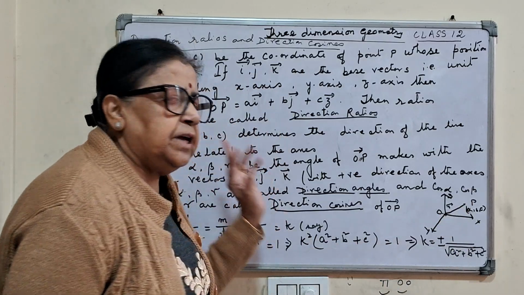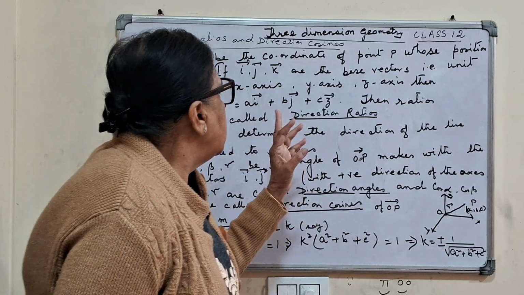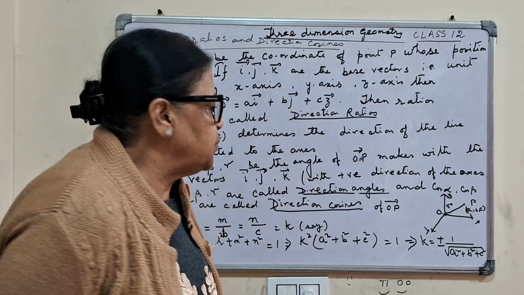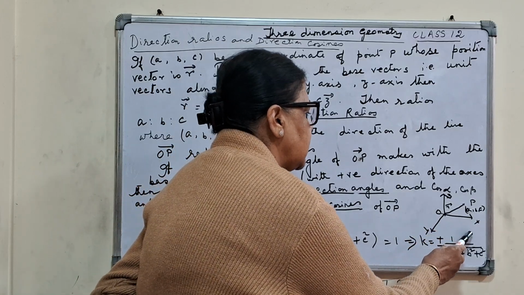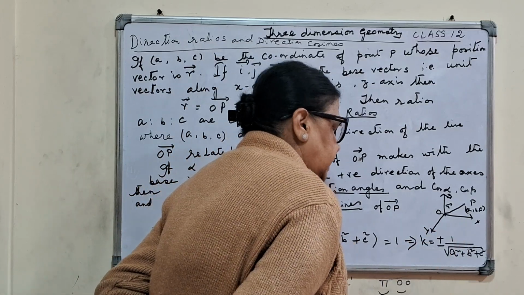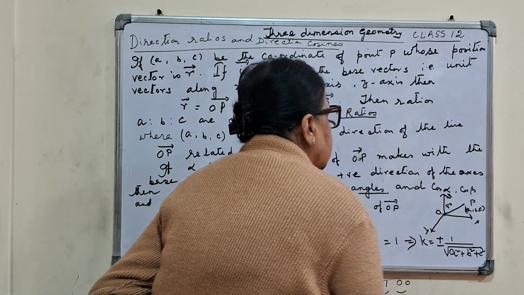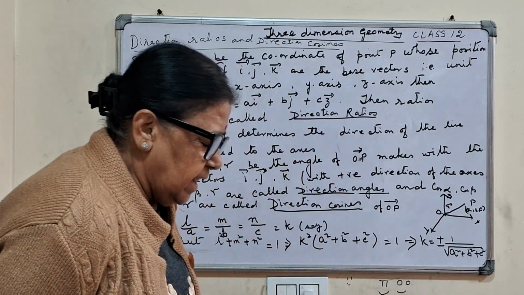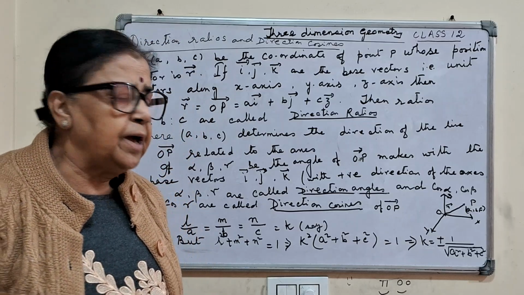I cap, J cap, K cap are the base vectors. Base vector means I cap is going along x-axis, J cap is going along y-axis, and K cap is going along z-axis. They are unit vectors along those three axes.